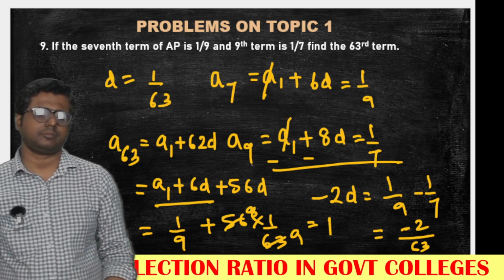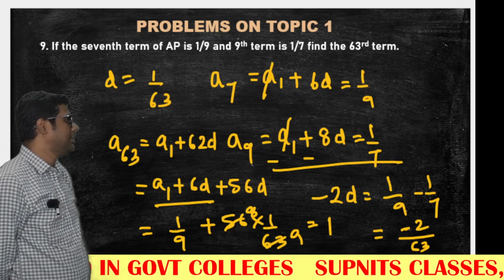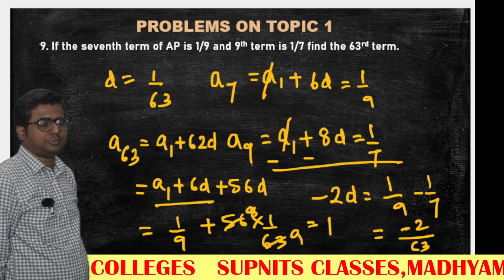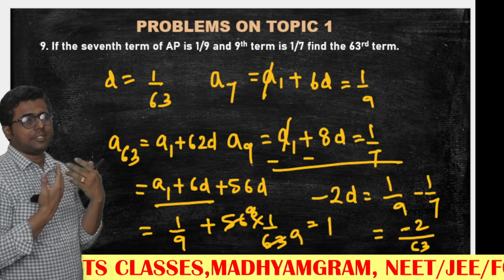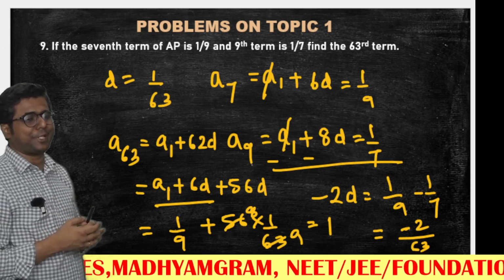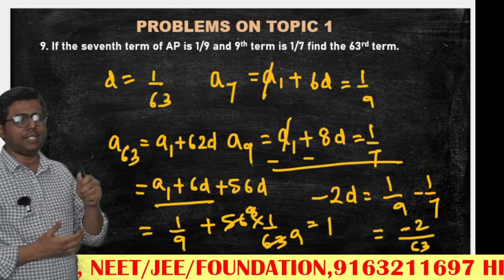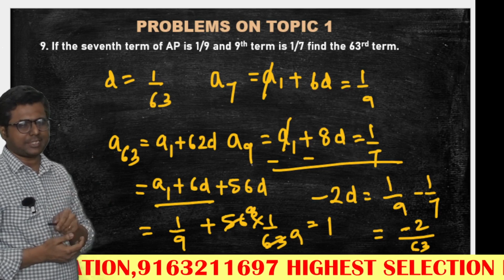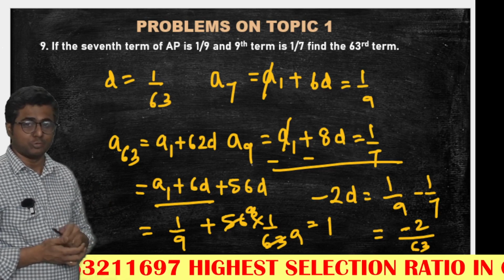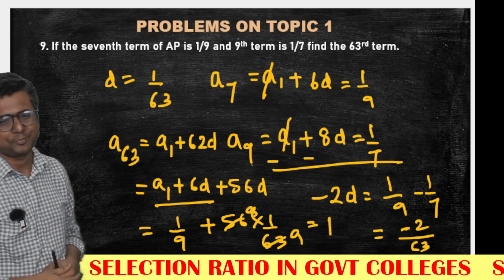If you see over here, this is a very nice problem and you guys should enjoy doing it, right? Because here we have this opportunity to apply our brain to use A1 plus 6D rather than finding out A1 again by another substitution into that fractional linear equation in two variables. So that makes it much more interesting.